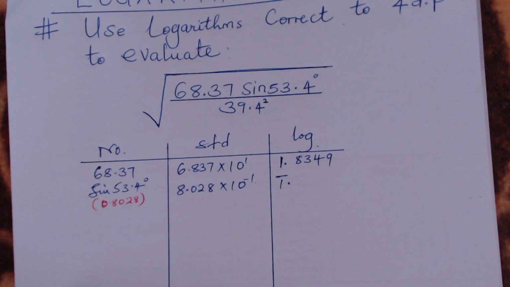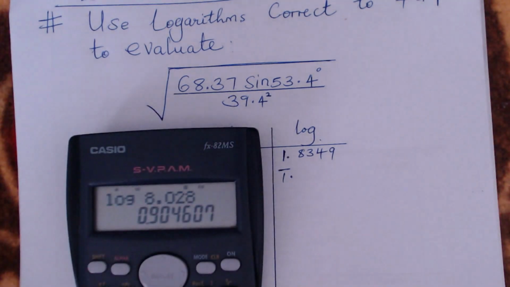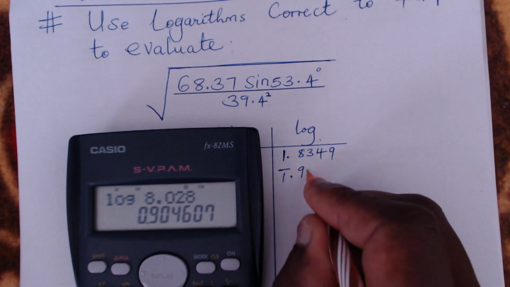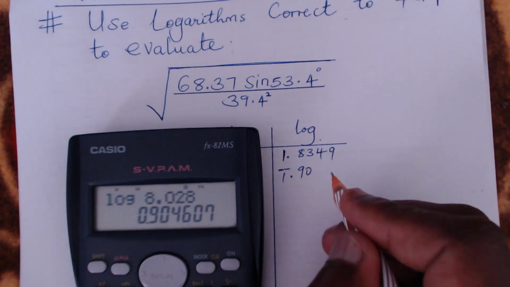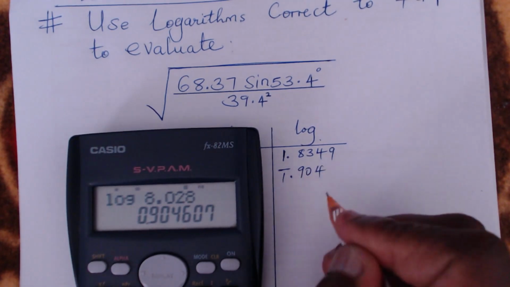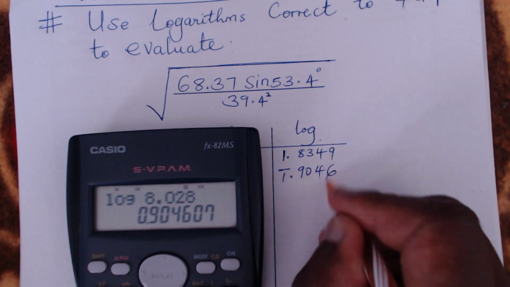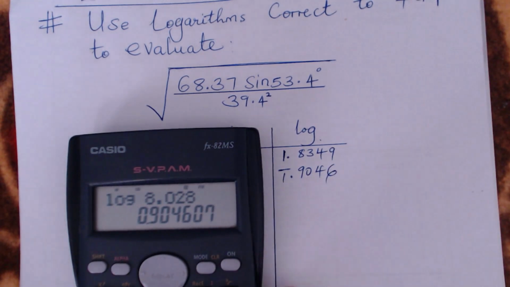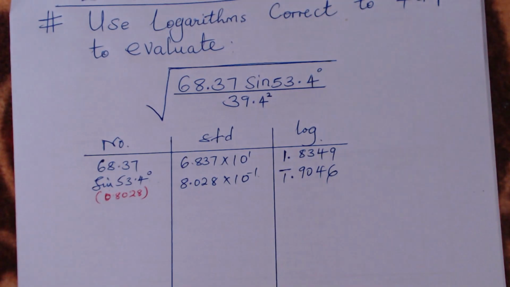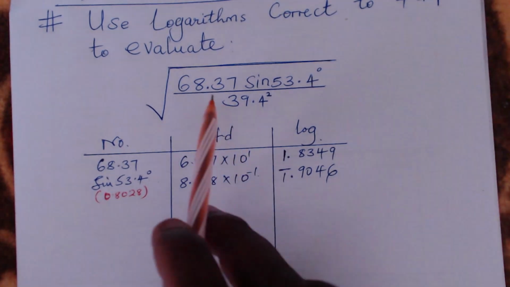Logarithm of 8.028. That one will give 0.9046. Now that is all about the numerator.